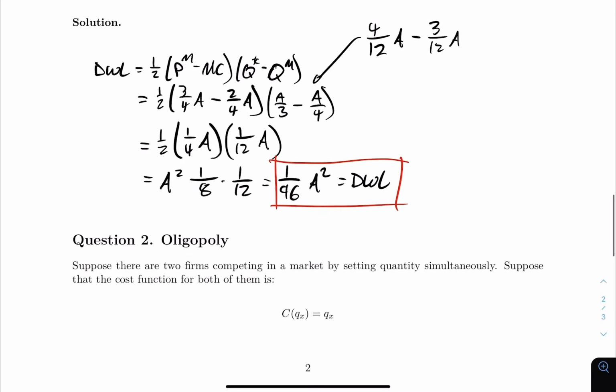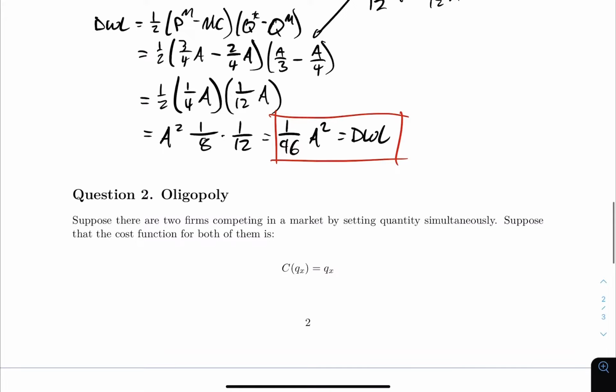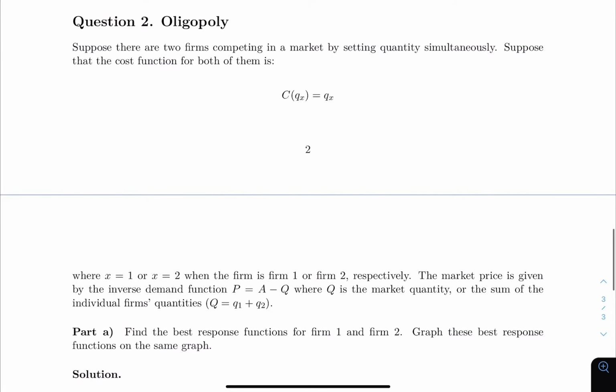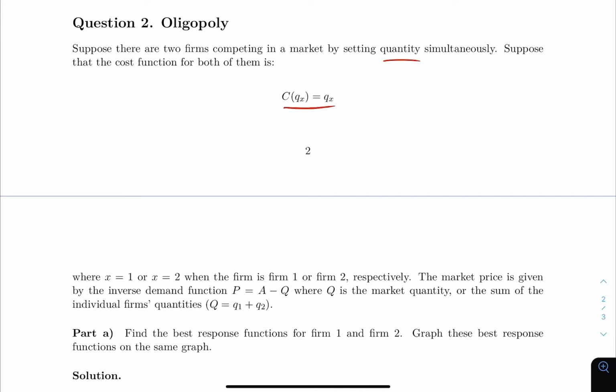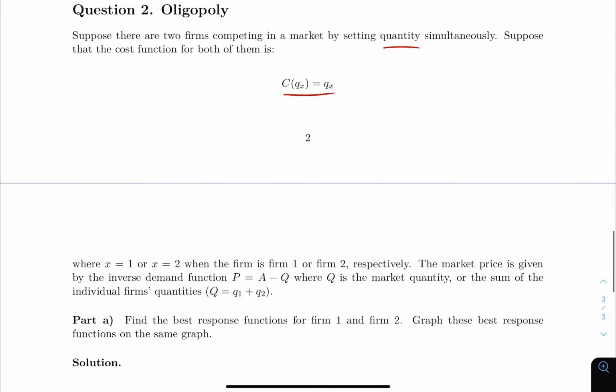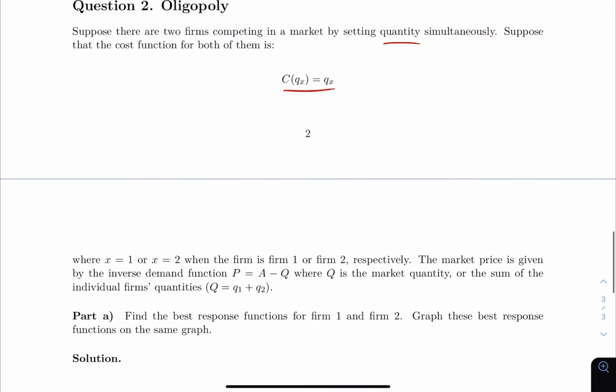Okay, so let's work with question 2 with oligopoly. We have two firms competing in the market by setting quantities simultaneously, so this is a Cournot oligopoly. We have each of their cost functions just linear, which is convenient, and they look identical.